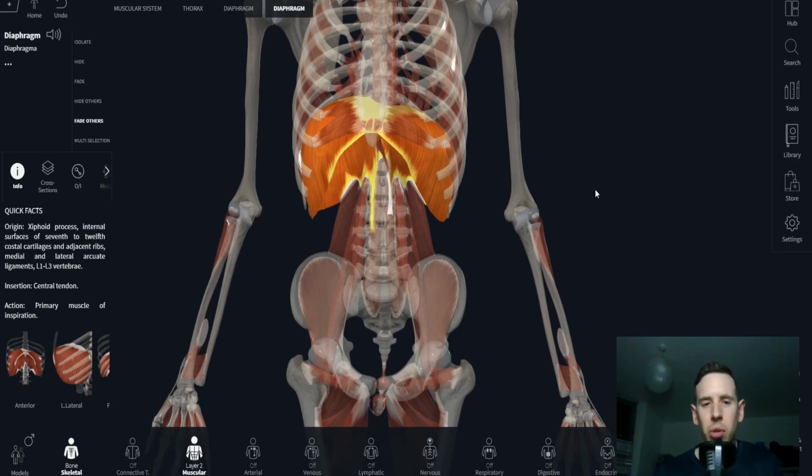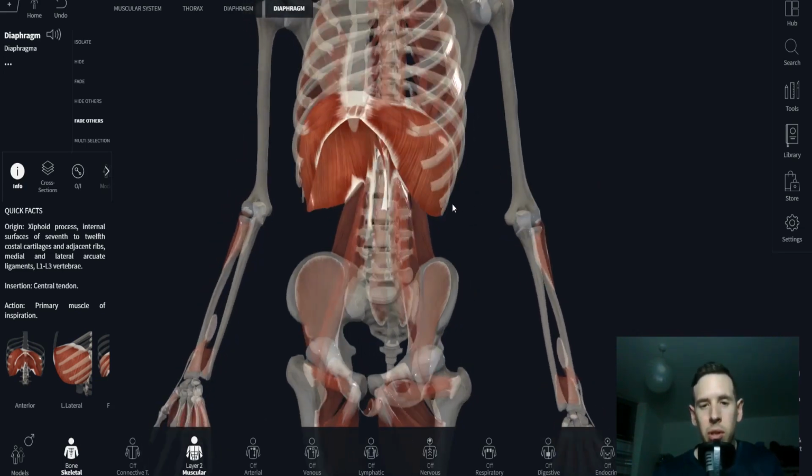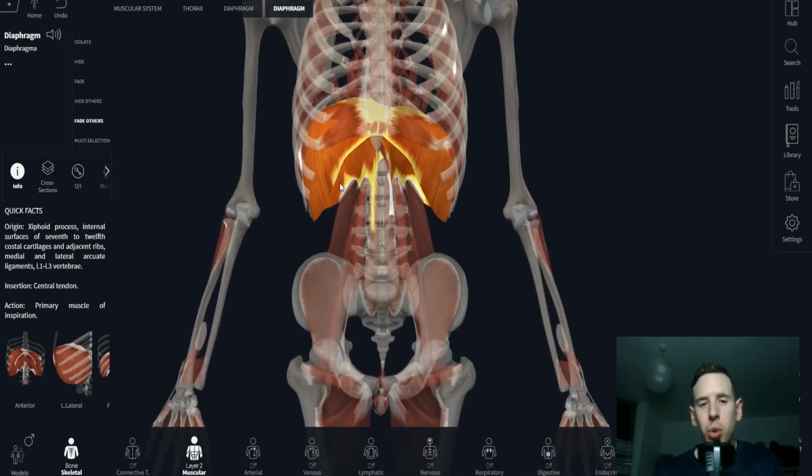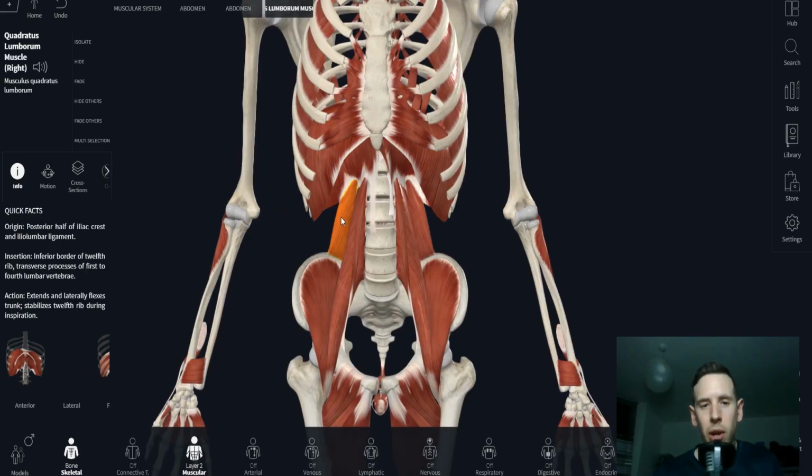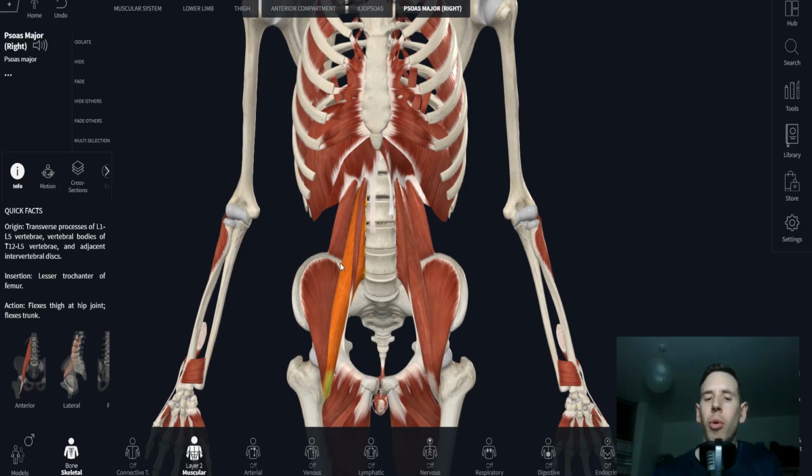But it also has attachments to not just the bony attachments here, but also to many of the muscles via common fascial connections, like your QL muscle here, your psoas muscle here, and a lot of others. I'm going to do a separate video because the diaphragm in itself is a huge topic. But anyway, there's the roof, if you like, of the core cylinder, the core house.